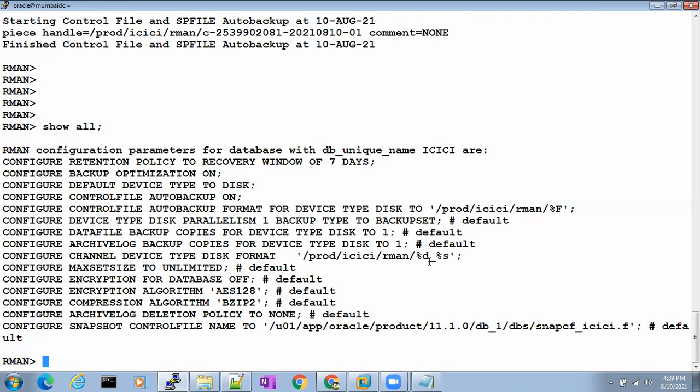Exactly, correct, .arc. So whenever you see a file in a database ending with .arc, what do you understand by that? It is an archive log file. Yes or no? Yes, everyone.